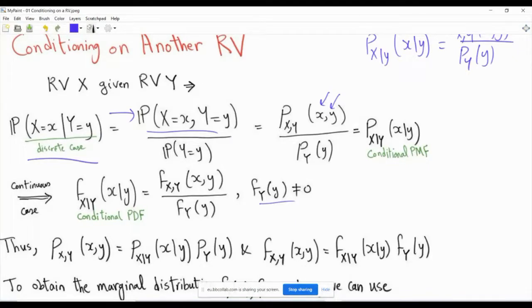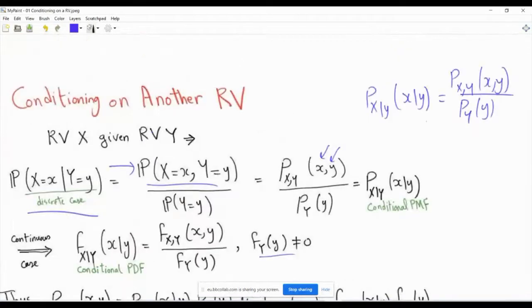Okay, so now we have another way of writing the joint distribution. We can write the joint distribution in terms of the conditional distribution, which simply comes from here.